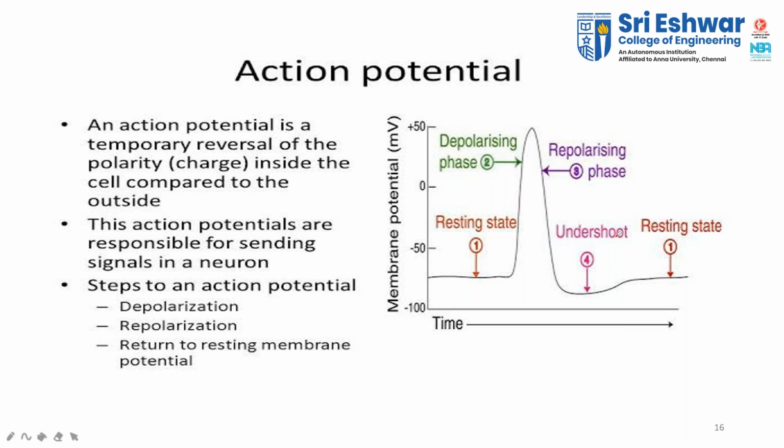The signal which goes below the resting state is said to be undershoot. Resting state, no potential generated; excitation applied to the cell, depolarization takes place, maximum point reached, it comes back to the resting state through repolarization, and the undershoot is lower than your resting state. This is the graphical representation of your action potential.